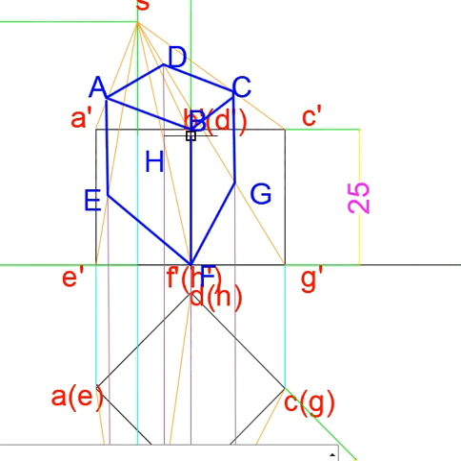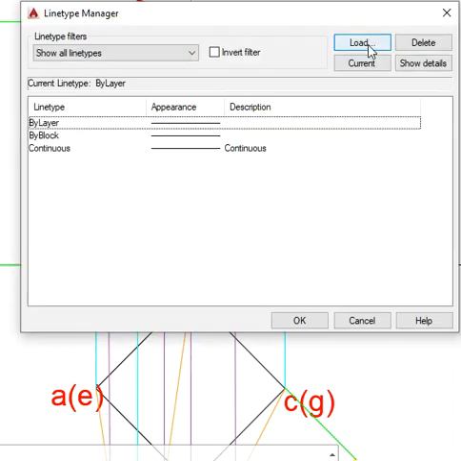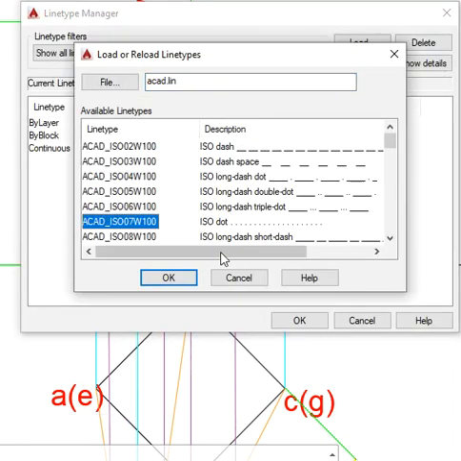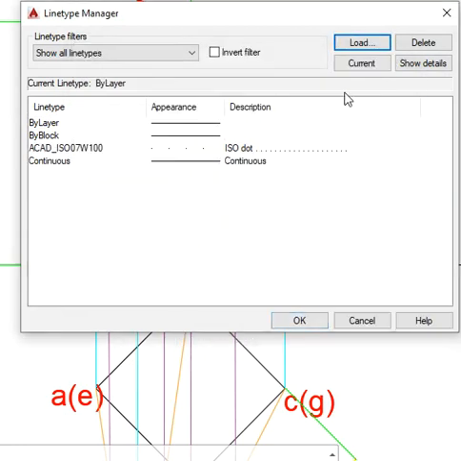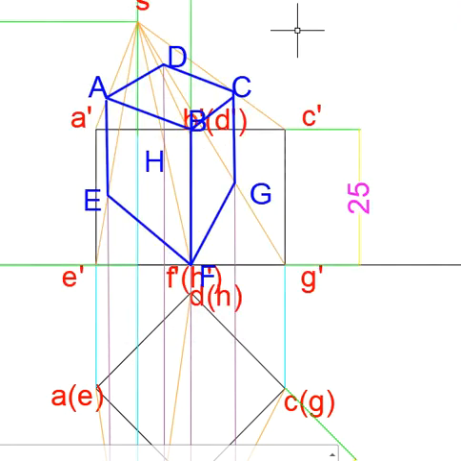This line is also visible. Only one point is not visible in the front, that is point H. So you have to draw dotted lines connecting point H and all other points. So we are connecting dotted lines between H and E, H and D, and H and G.